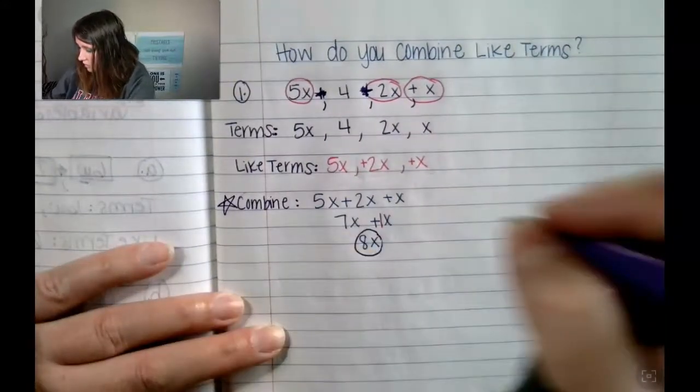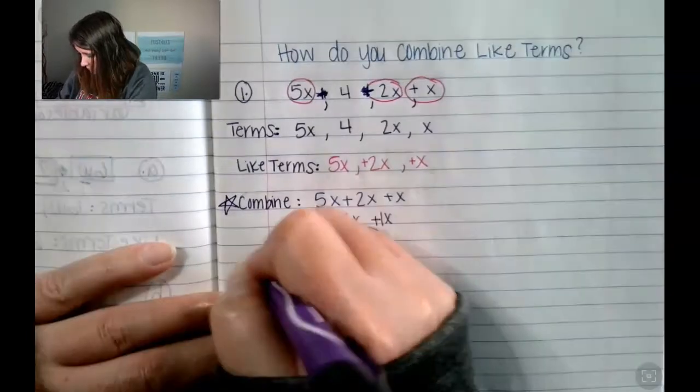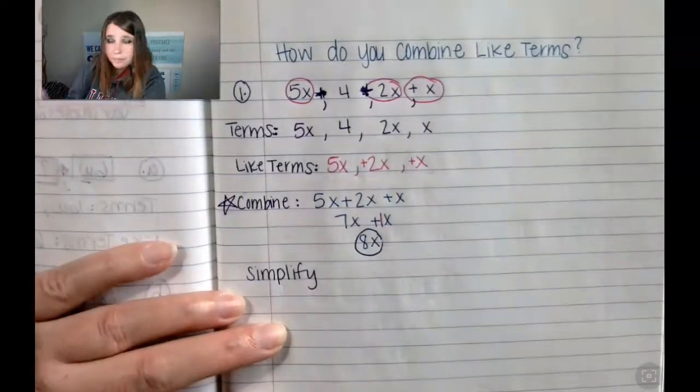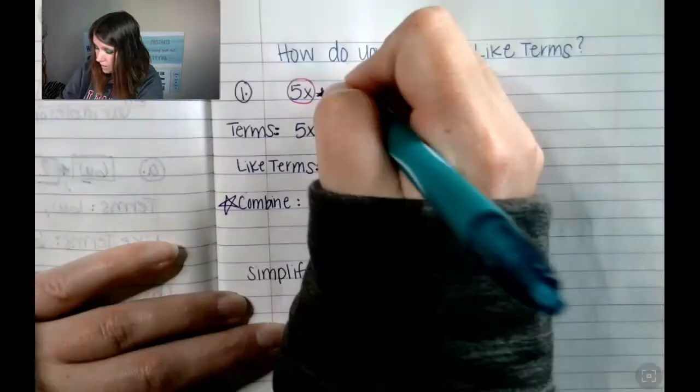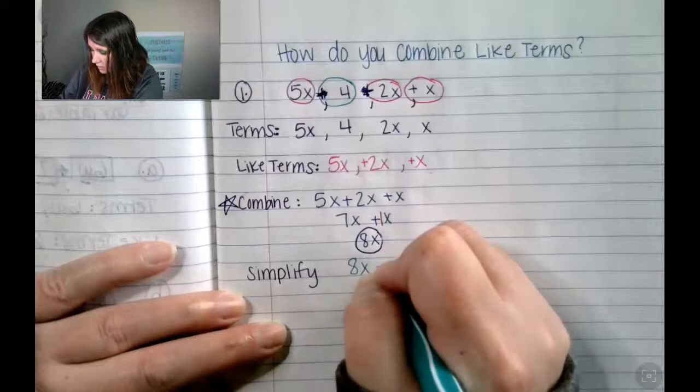And now to simplify, you go back and you find the rest of the problem, which we had a positive 4 here, and you just write it: 8x plus 4.